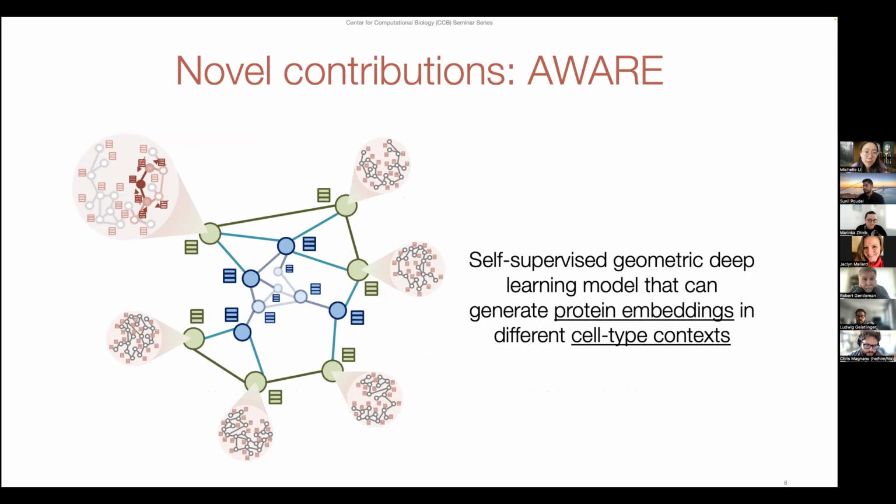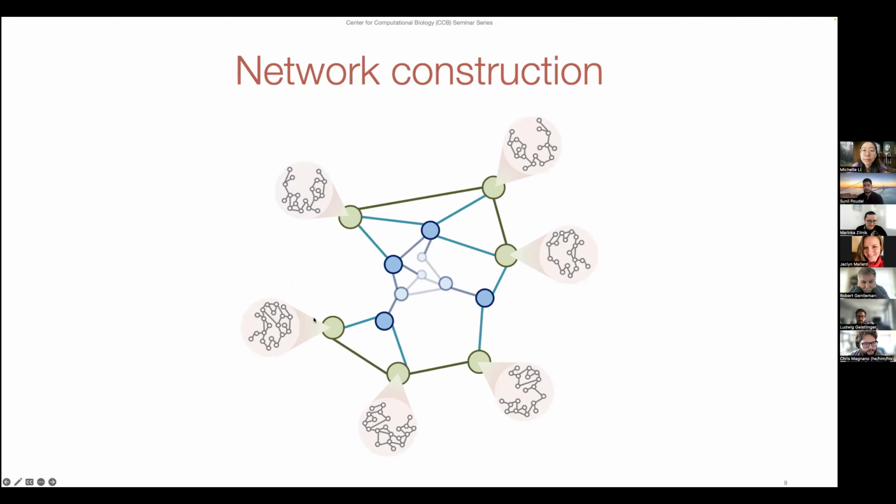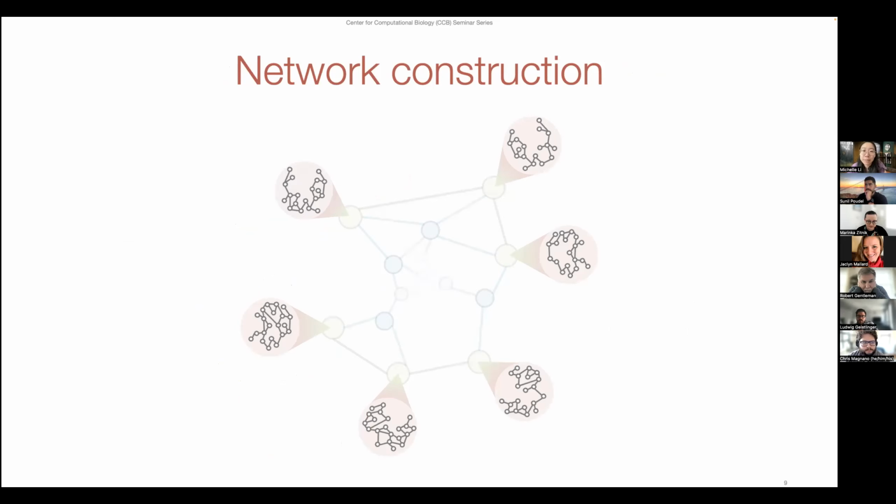And so here is AWARE, our self-supervised geometric deep learning model that can generate protein representations in different cell type contexts. Let me begin by explaining the illustration on the left. To be able to model proteins across cell type contexts, of course, we need cell type specific protein interaction networks.